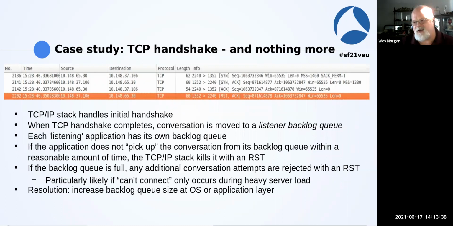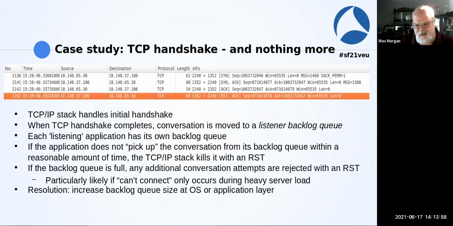You know, you want to take the current value, you might add 10%, but you cannot just triple that value or even double it, because this problem only happens when the server's under stress, right? Or the application is under stress.